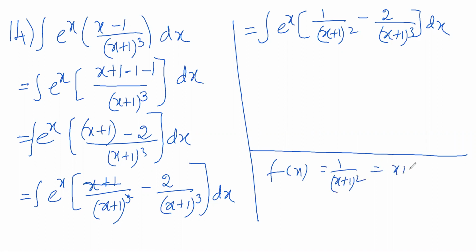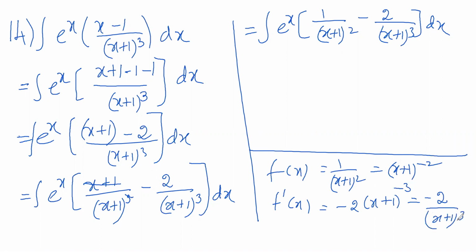This we can take as (x plus 1) power minus 2. So f dash of x is minus 2 into (x plus 1) power minus 3, which is minus 2 by (x plus 1) the whole cube.